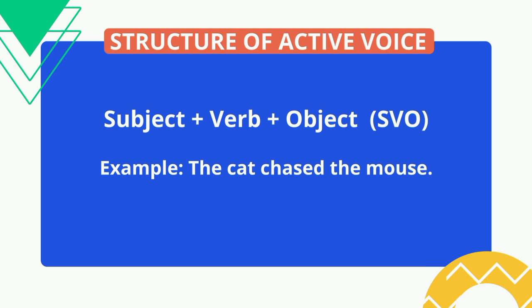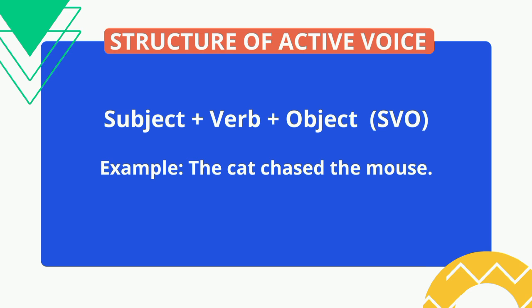For example, the cat chased the mouse. The cat is the subject, chased is the verb, the mouse is the object.